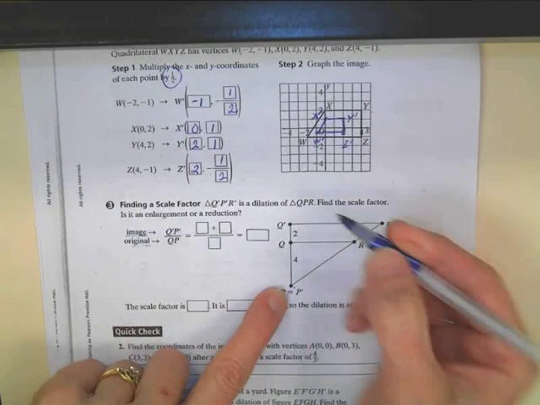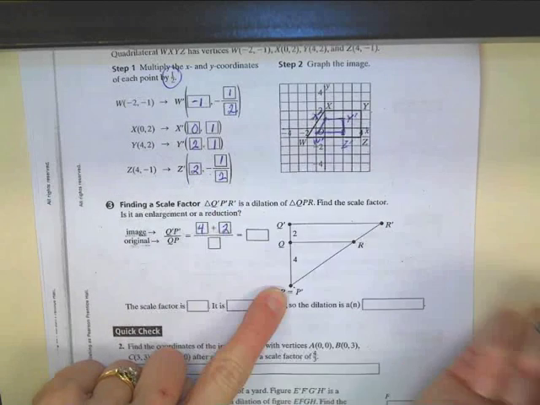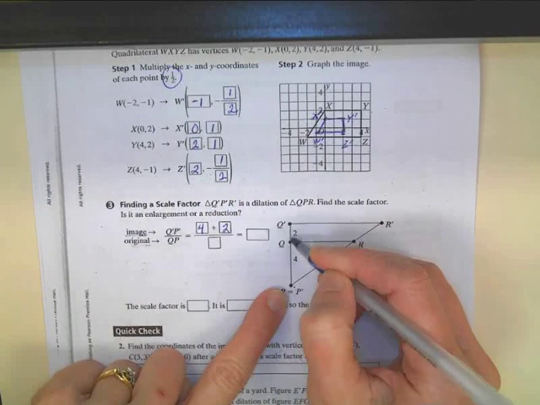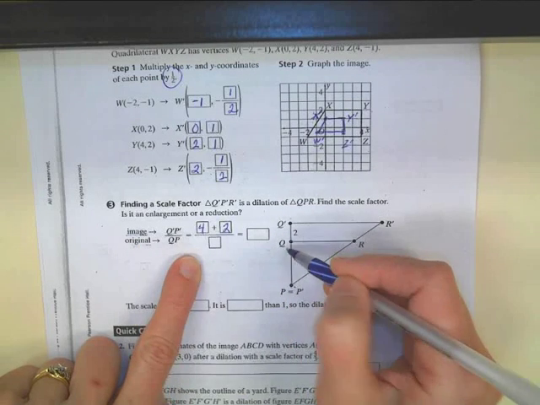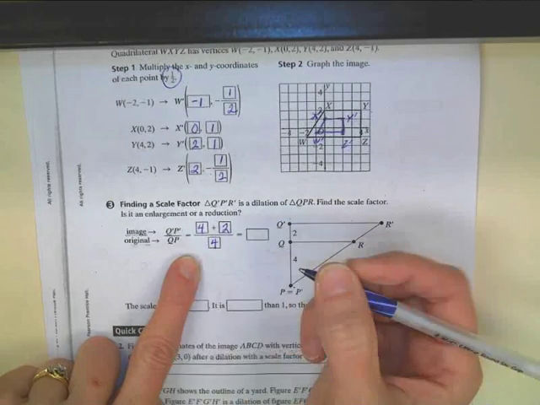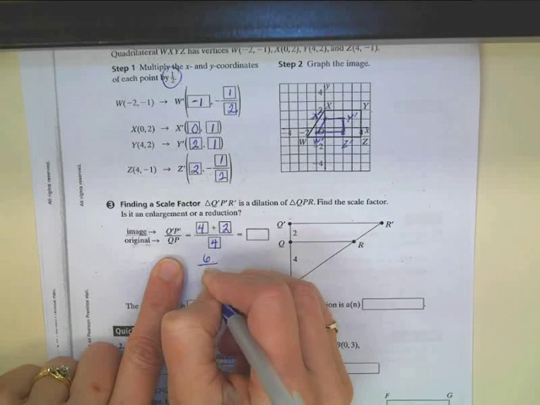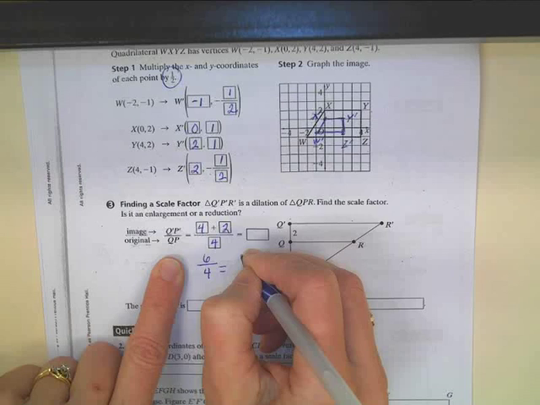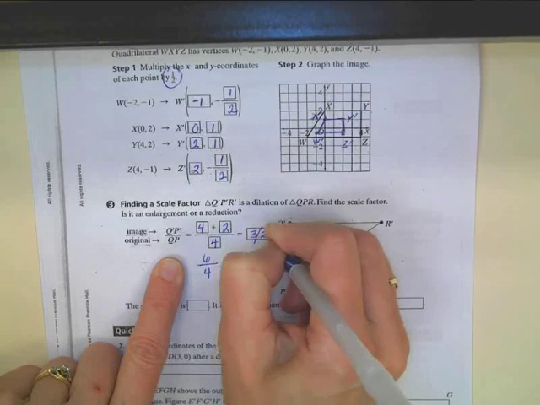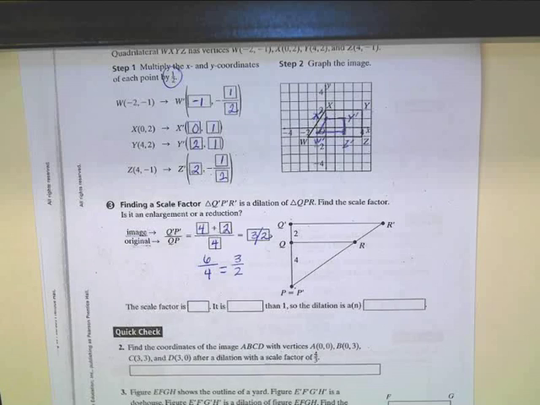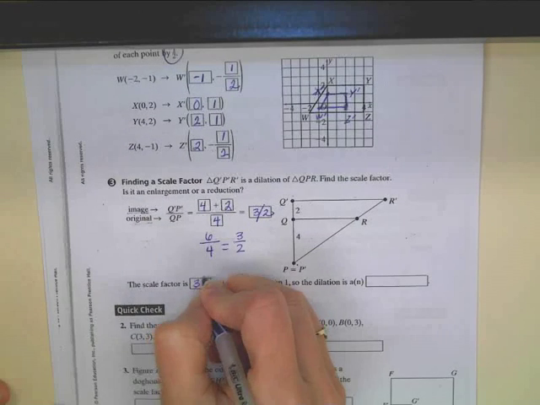So if I do Q'P', that is actually 4 plus 2 units long. 4 from here to here, 2 from here to here, over QP on the original, which is 4. So that actually gives me 6 over 4, which reduces to 3 over 2, or 3 to 2.